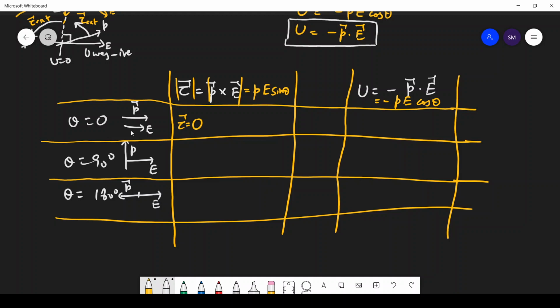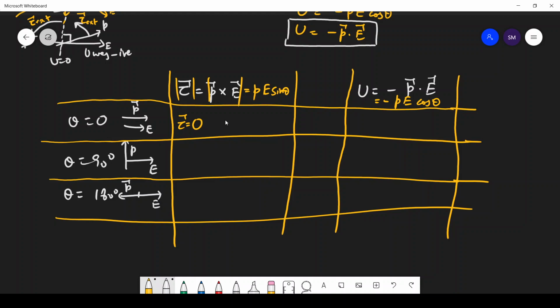There is no force acting. No force means no torque, no rotating force. No external electric force; I am talking about the electrostatic force here. The tau is 0, no electrostatic force is acting over here.